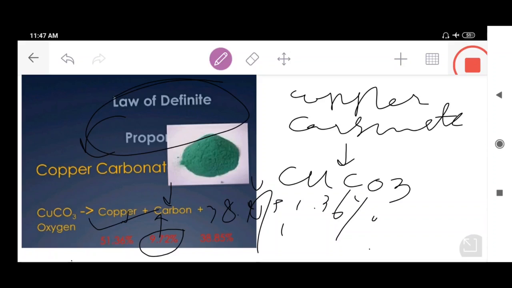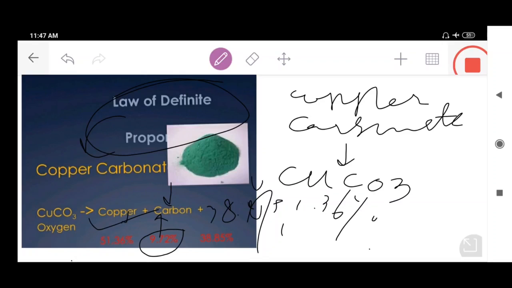The law of definite proportion tells us that in a pure chemical substance, the elements are always present in definite proportions by mass. As far as copper carbonate is concerned, if this ratio fluctuates, it is impossible for us to make copper carbonate.